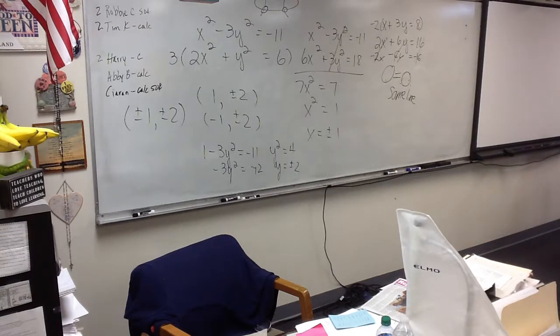Or you can be left with a true statement, 0 equals 0, 2 equals 2, 5 equals 5. That means that both of your equations are right on top of each other. They're the same line. Got it? Just write the same one.